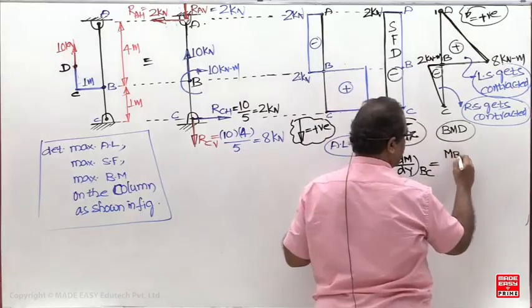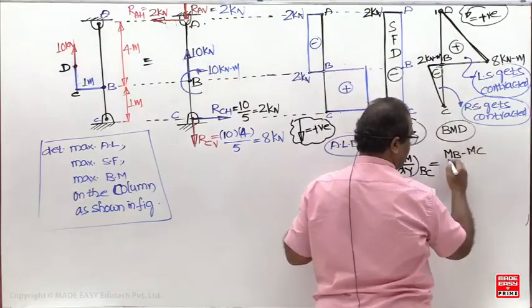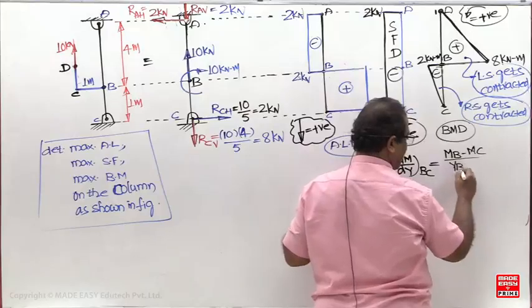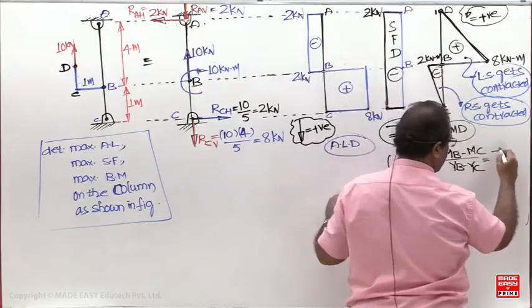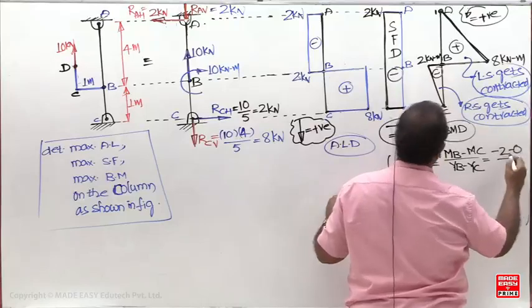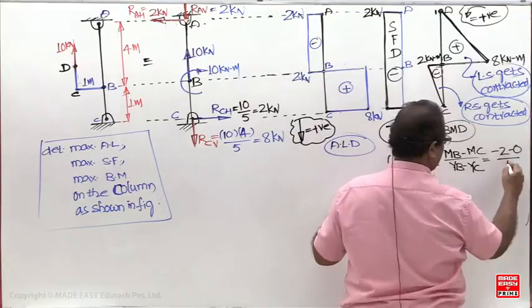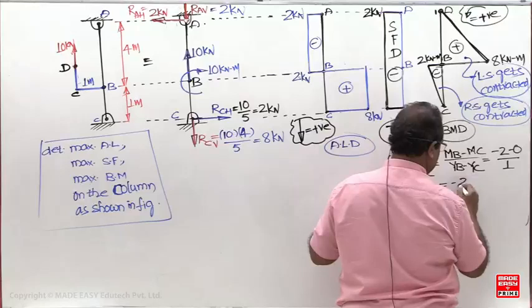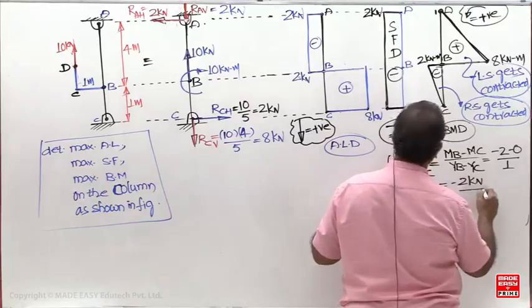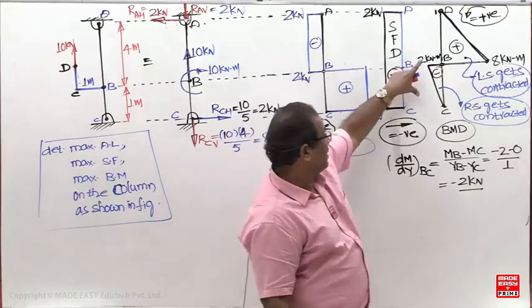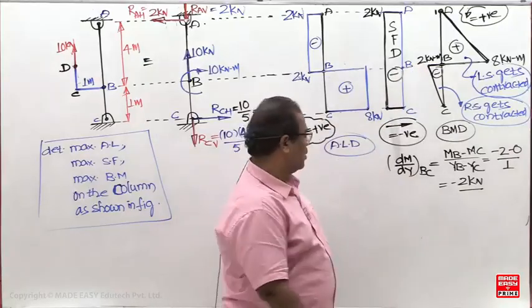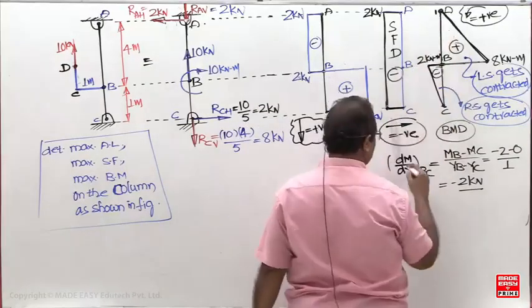MB minus MC over YB minus YC. What is MB? Minus 2. What is MC? 0. What is YB minus YC? 1. Check how much you are getting now? Minus 2. What is the shear force now? Minus 2. Between the BC portion, the shear force is minus 2. Similarly, what is the slope of this diagram now?